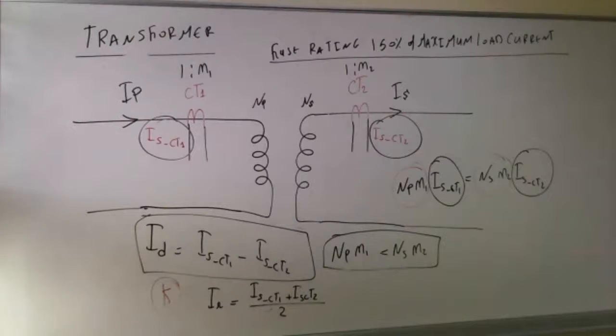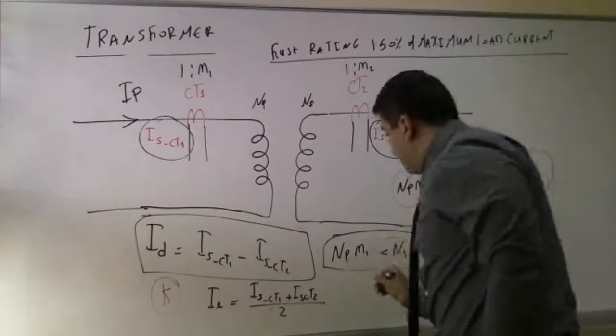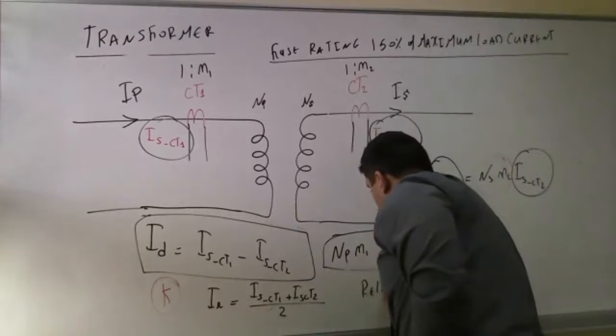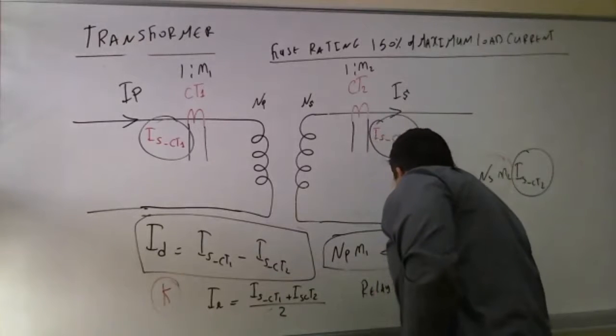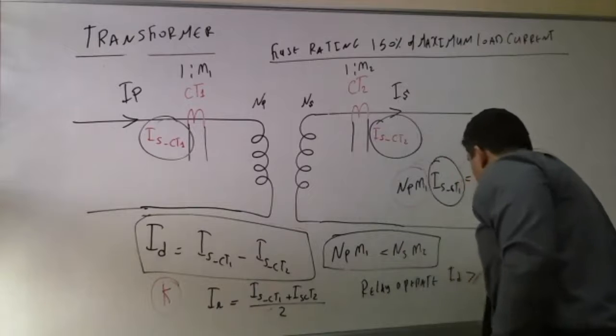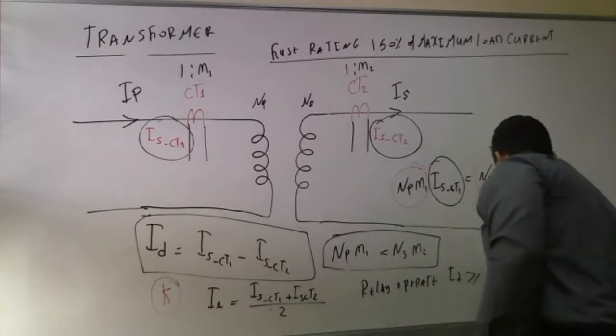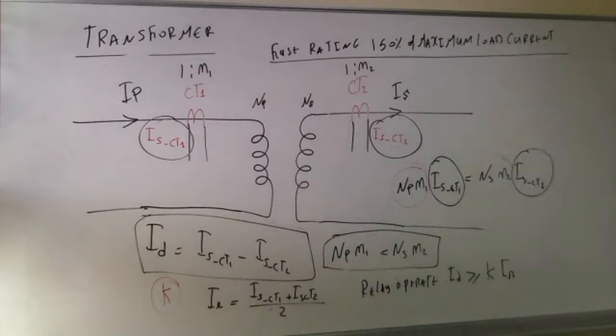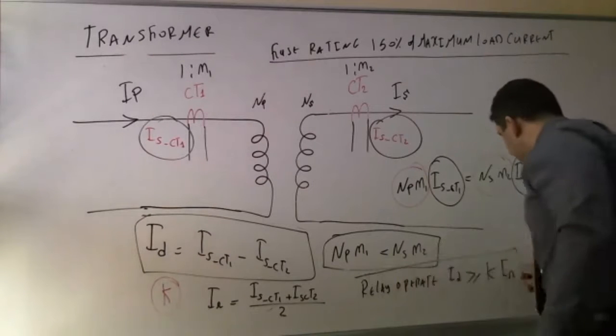So now the relay will only operate when ID is bigger than or equal to K times IR. This is the condition of operation of a relay.